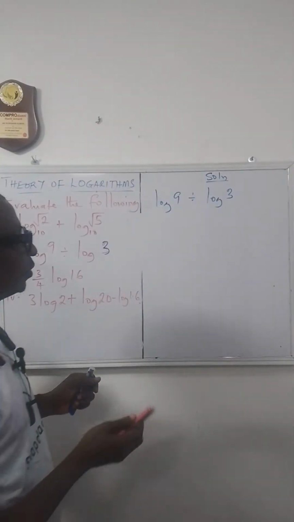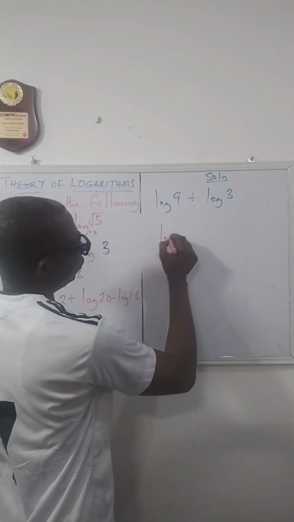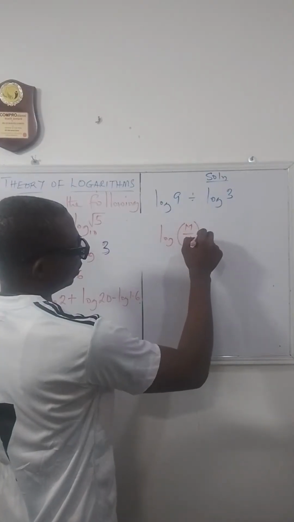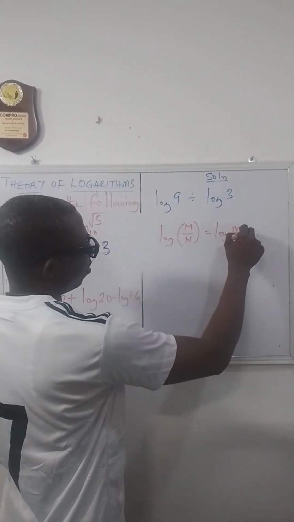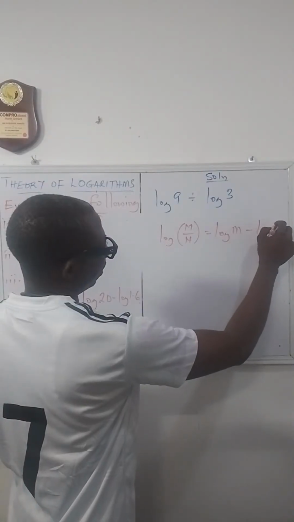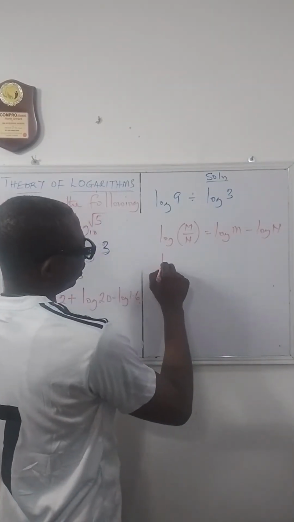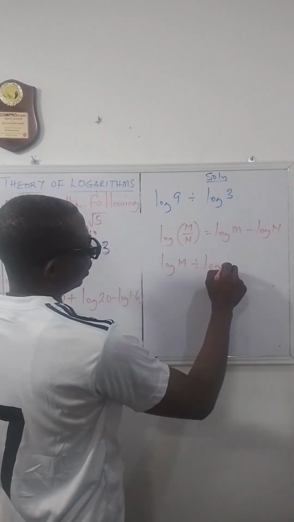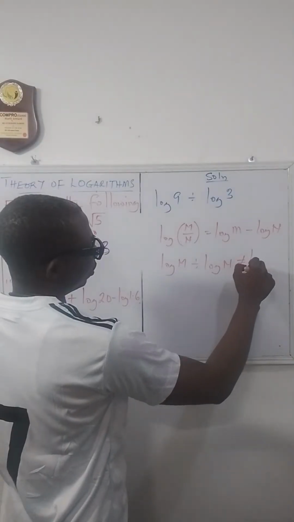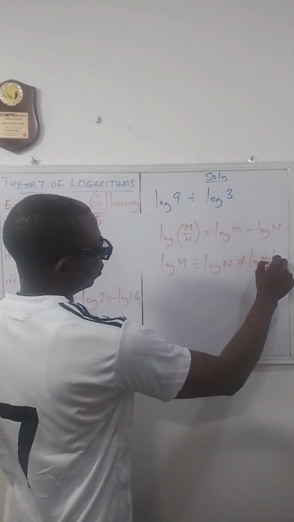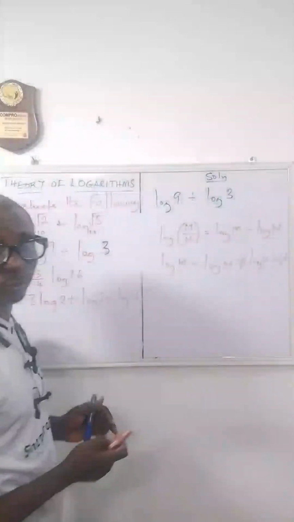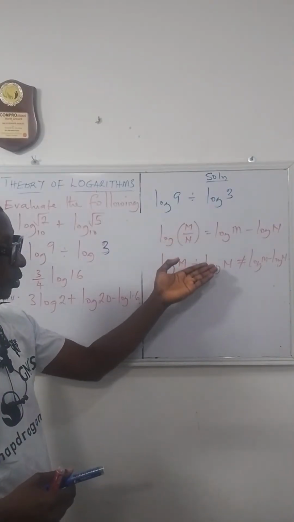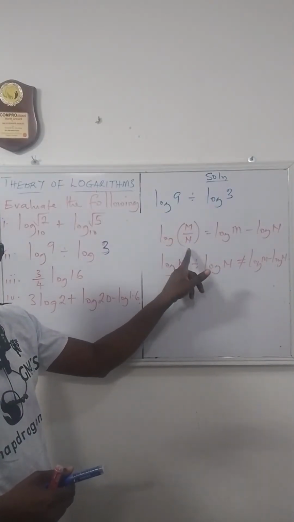Now, let me show you the law of division. Law of division is like this: log of m over n equals log m minus log n, and not log m divided by log n. This is not equal to log m minus log n. You can see there are two different things. So many students make mistakes here. So I want you to pay attention to this. Don't take this for this.